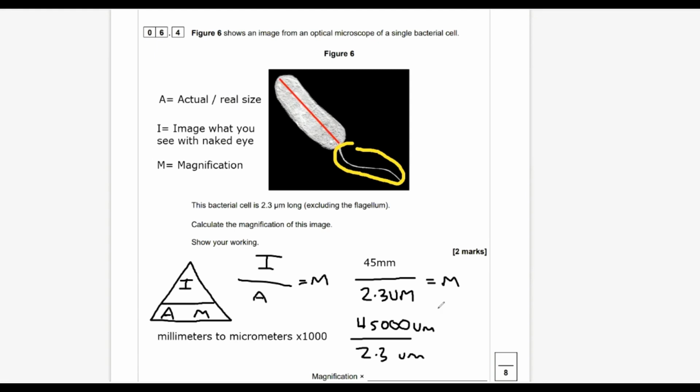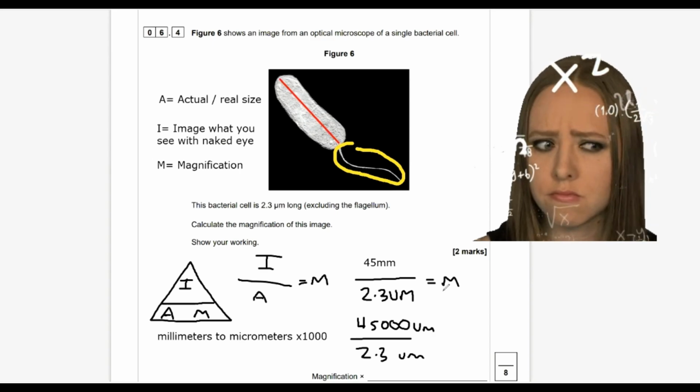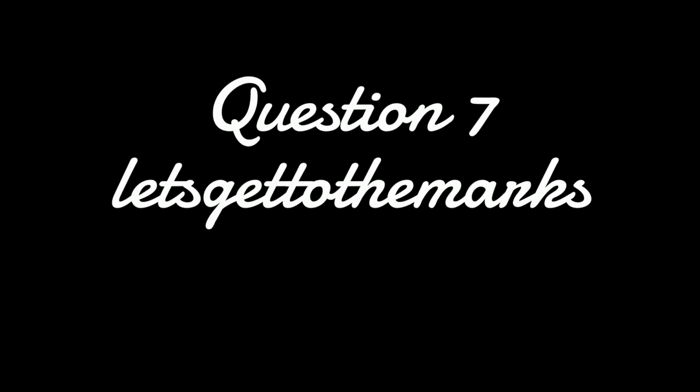And if I carry out that calculation, whack that in the old scientific calculator, you should get an answer around about 19,565, and that is the magnification. So that's how many times the image has been magnified compared to the real image, and that'll get you the 2 marks. Okay, let's get into question 7.